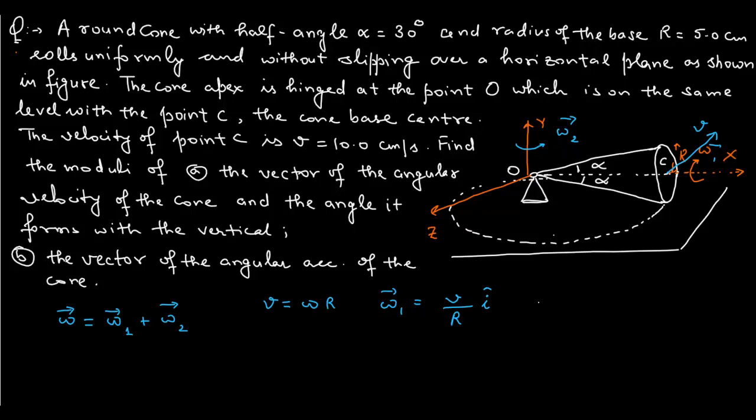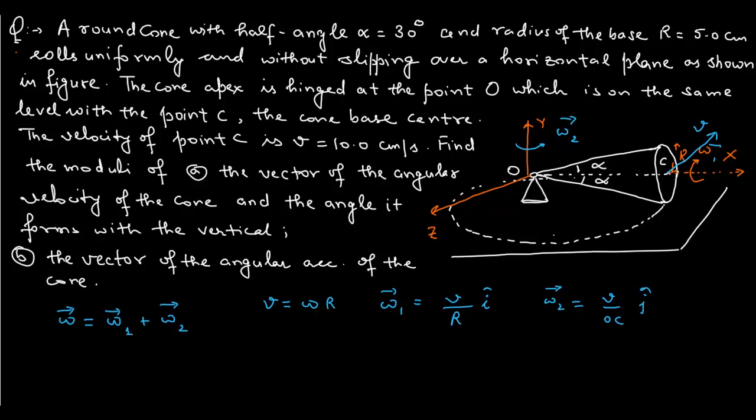Now what about omega 2? For omega 2 we can write v divided by OC, this length OC. Clear? And the direction is j cap.